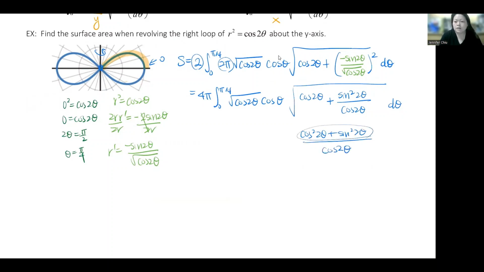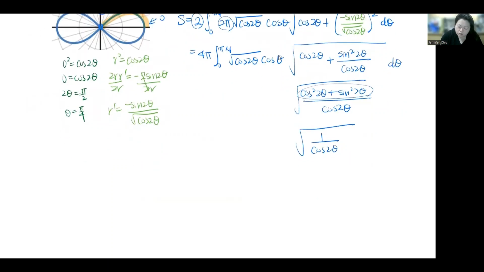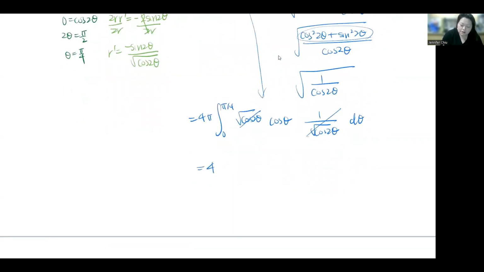Yes, this still equals 1, right? You have the same theta and it's cosine squared plus sine squared, so you get 1. So you really have square root of 1 over cosine 2 theta, which is really 1 over root cosine of 2 theta. You still have all this, right? Bring it down. This is root cosine of 2 theta, cosine of theta, d theta, 0 to pi over 4, 2 pi. So these two reduce out. So your equation really gets cleaned up to be just cosine theta d theta.